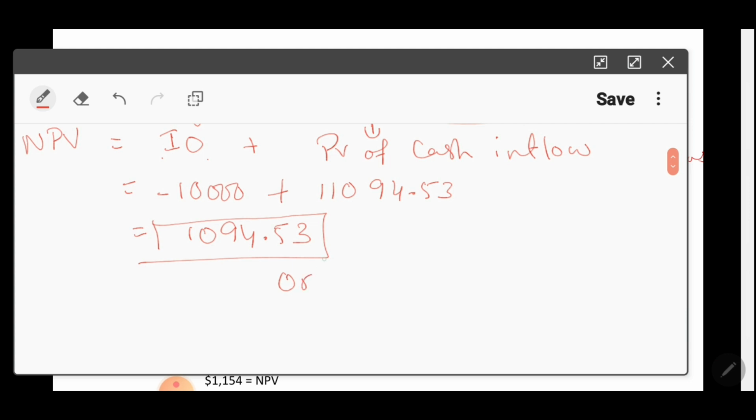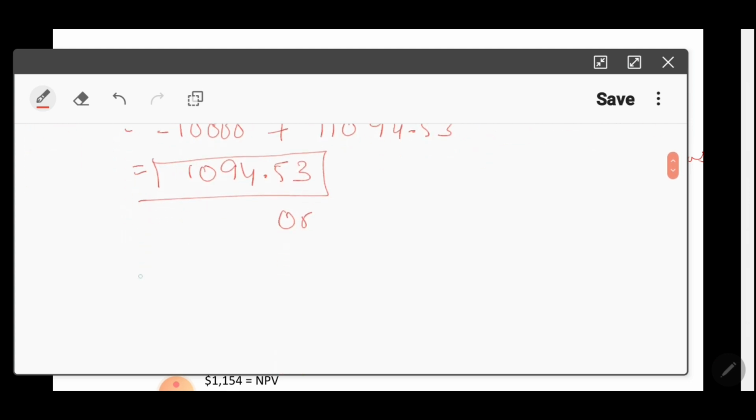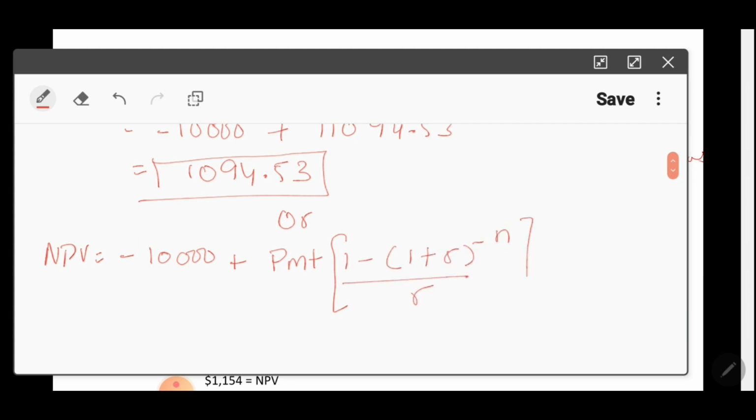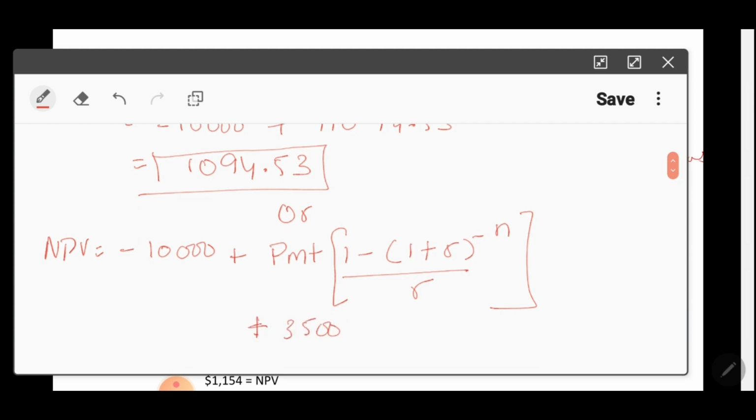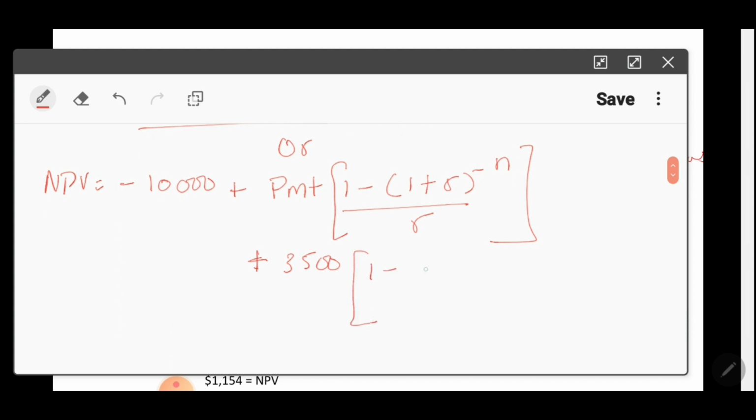Or you can even use this formula over here. So this would become NPV equals the annuity formula, which is PMT times 1 minus (1 plus R) to the power minus N, over R. So the equal annuity is 3,500, the interest rate is 10%, there are 4 payments, so the power will be 4, 0.1.